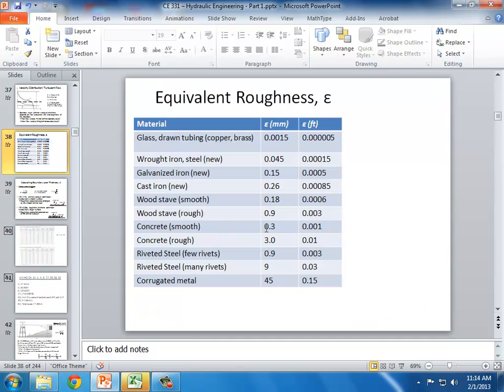All right, so cast iron in terms of feet, okay, is 0.00085. And that's feet, so I'm going to multiply it by 12, and that'll give me inches.